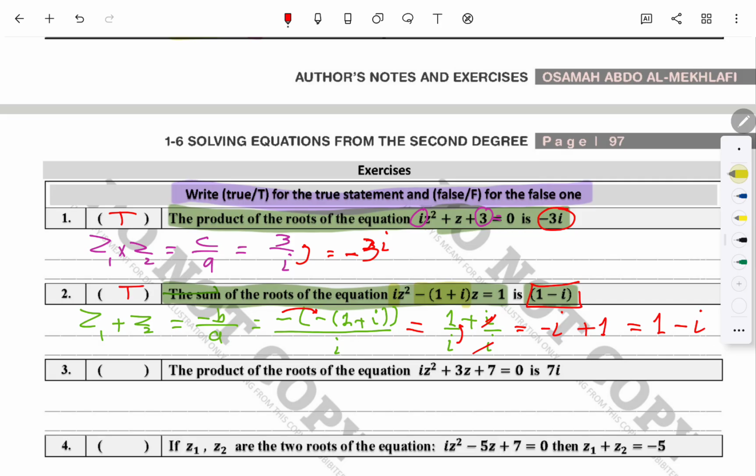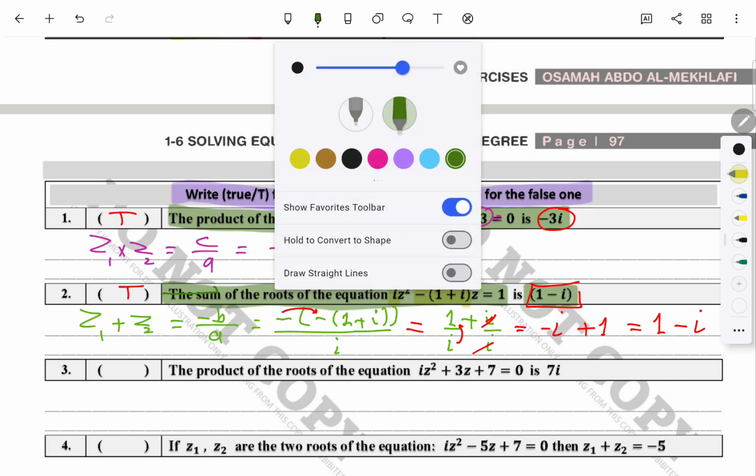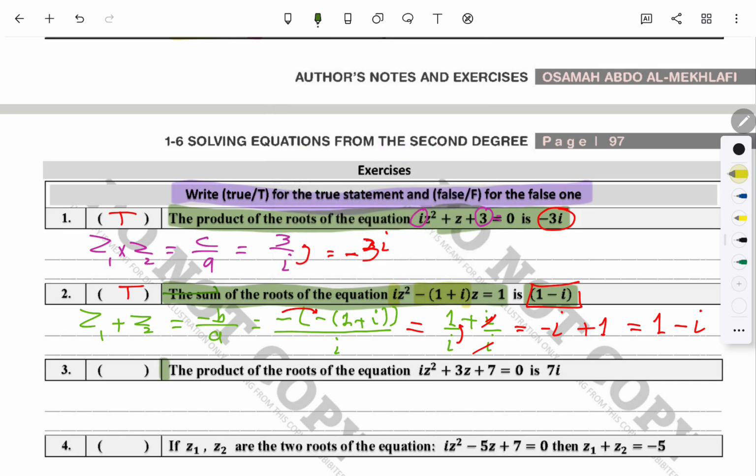Number 3, the product of the roots of the equation is easily taken from the equation, but be sure that it is equal to 0 always. The product is z1 times z2 equals c over a.